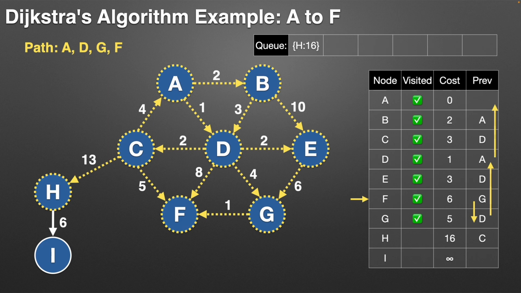Questions about that? Yes? Negative weights. That's a good question. I think with Dijkstra's, it depends on how you implement it. If you want to talk about detecting a negative weight cycle before you do this, then you don't do this. Bellman-Ford is a more general algorithm that will handle negative weights on the path.